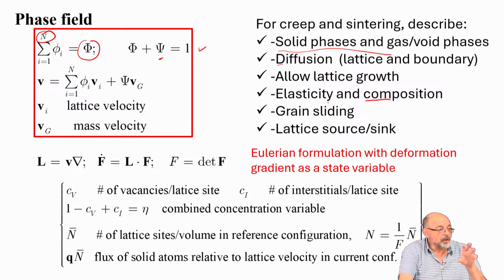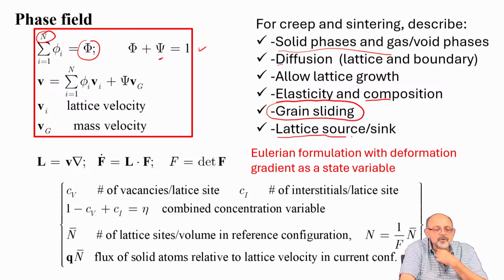Well, it creates eigenstrain, but because grains are constrained, that creates eigenstress, and stress drives diffusion. I need to allow for grain sliding, but to have lattice grow or disappear, I need a lattice source and sink description.